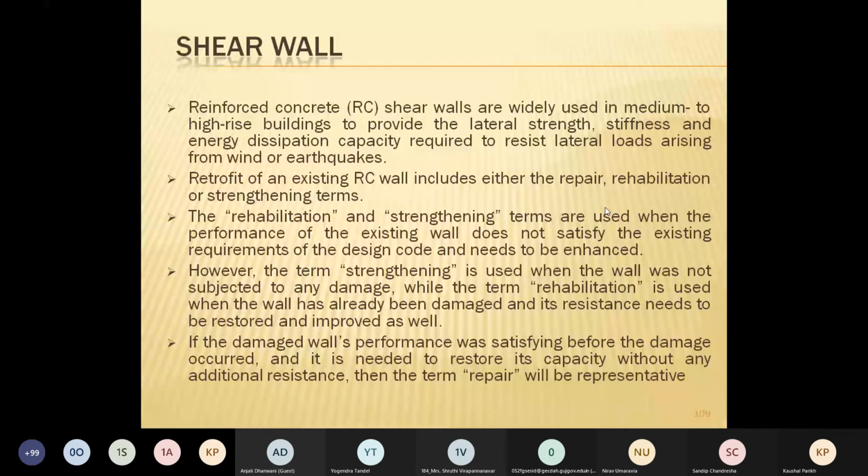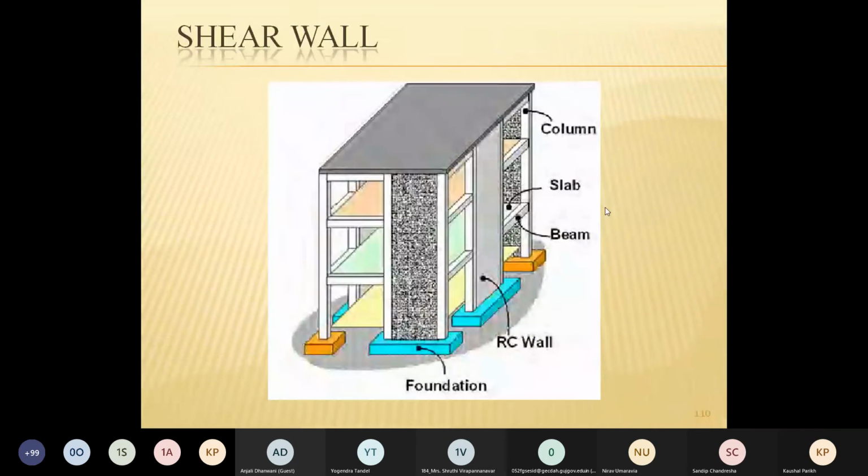Rehabilitation is used when the wall has already been damaged and its resistance needs to be restored and improved. If the damaged wall's performance was satisfactory before the damage and it is needed to restore its capacity without any additional resistance, then the term repair is used. As shown in the images, this is the use of a shear wall as a retrofitting technique.